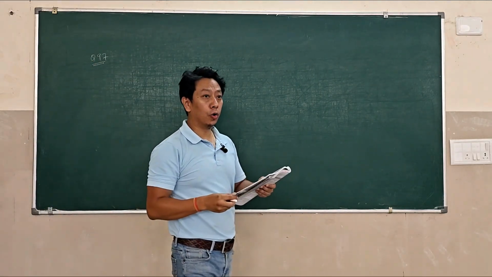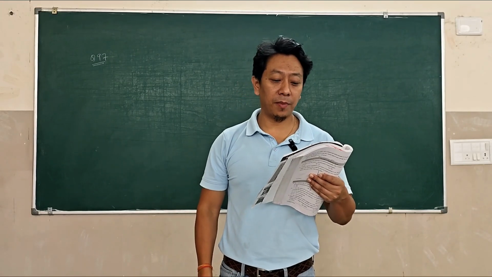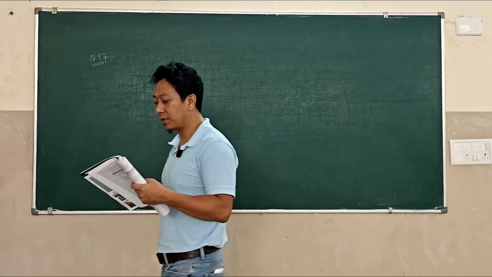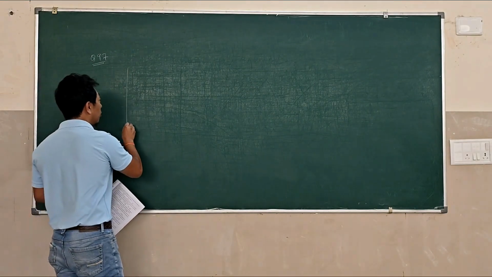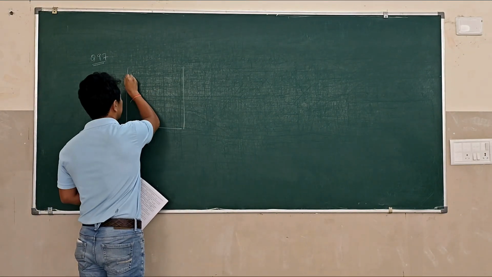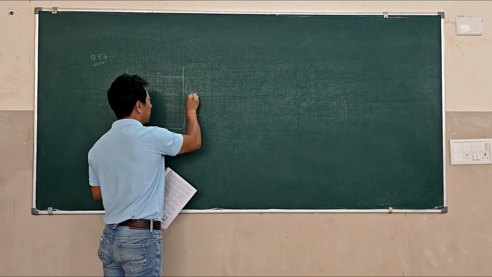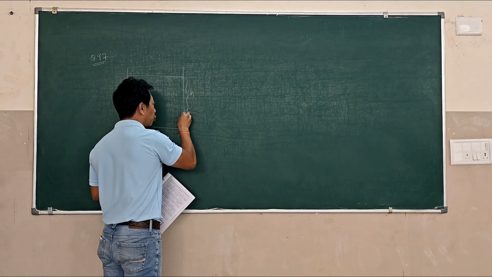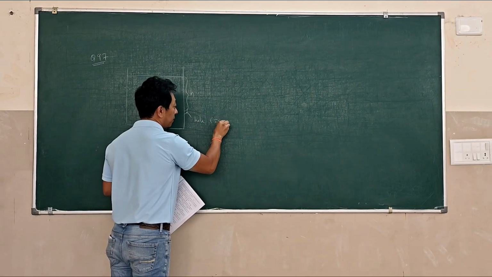Question number 97. A square hole of side a is made at a depth h below water surface. So below the water surface at a depth of h, they have made a square hole. So this is a hole but it is square.